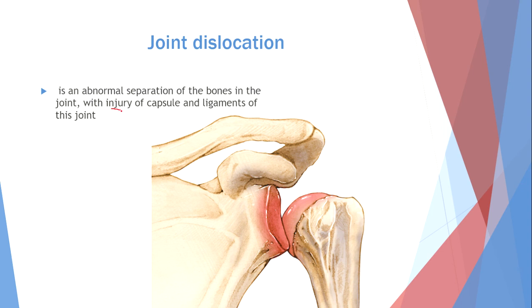You didn't see this part of the definition in your textbooks, but you must understand what parts of the joint block it from dislocation. You must understand this is the capsule and ligaments. So in any case of joint dislocation, you have injury of the capsule and ligaments of the joint.